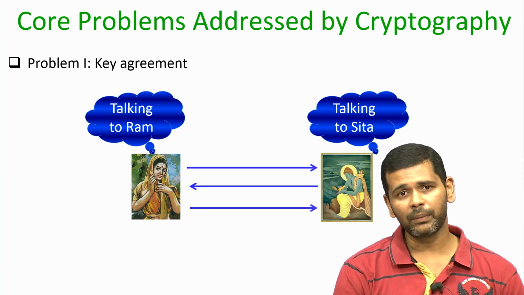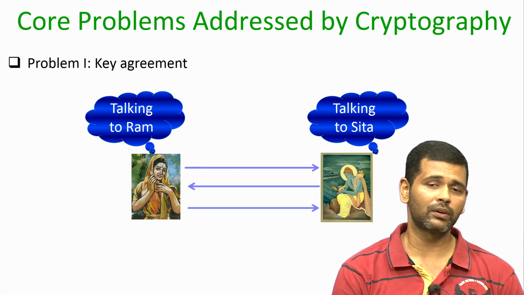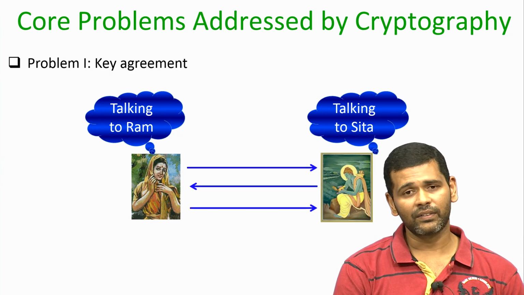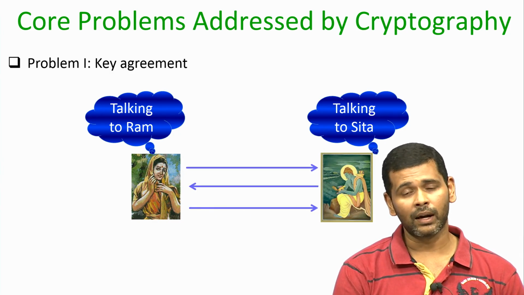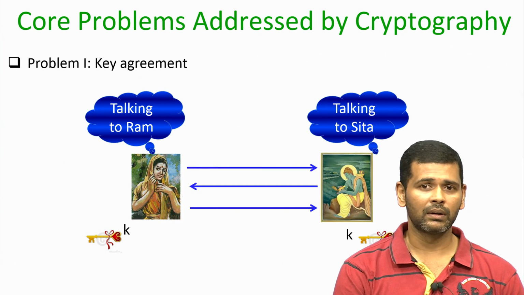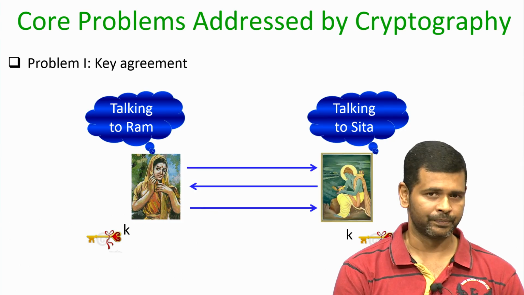And the requirement for a key agreement protocol is that, as per the protocol, the sender and the receiver should talk to each other over a public channel, and it should be guaranteed to the sender that indeed it is talking to the receiver and vice versa, and at the end of the protocol both sender and receiver should output a common key k.